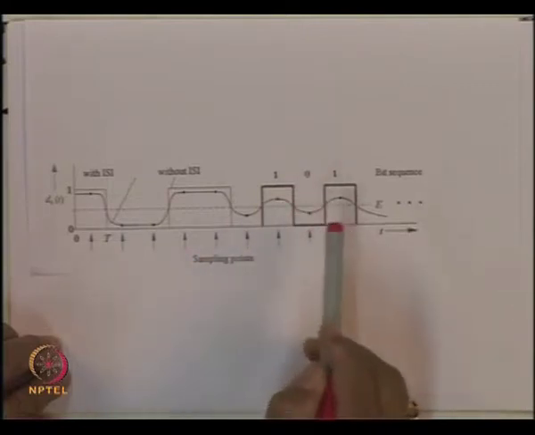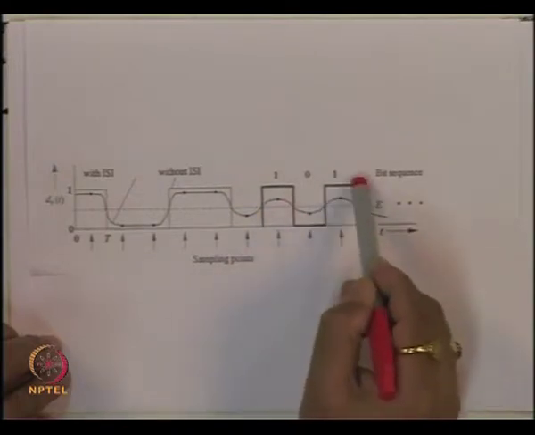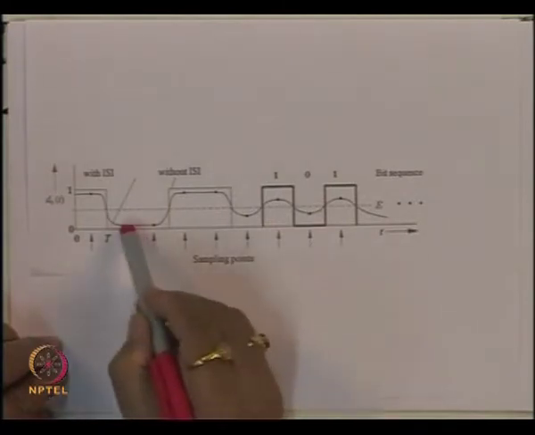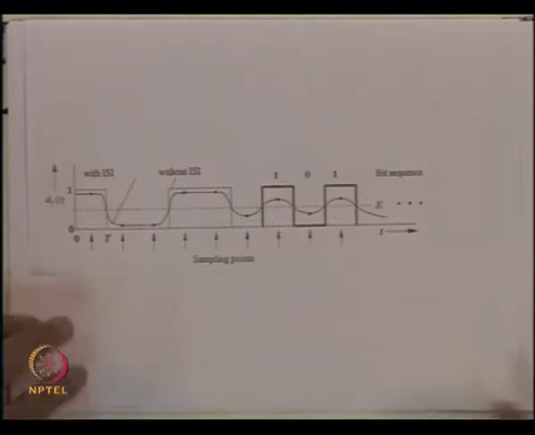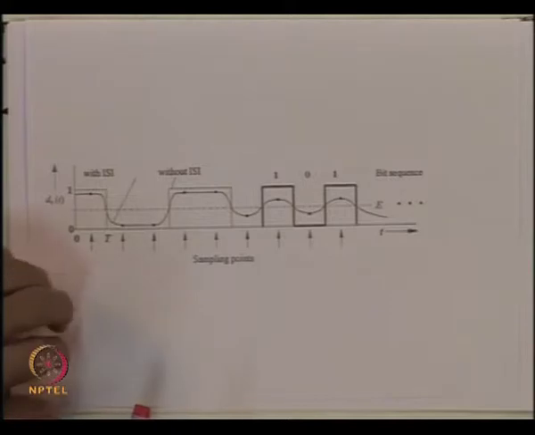So, the signal starts decreasing again. Similarly, before this signal could reach the 0 level, the next bit is coming, so again the signal starts rising and so on. So, the signal which we receive from the receiver will look something like this.